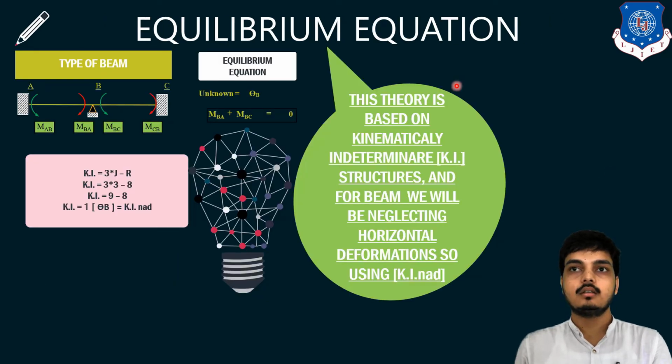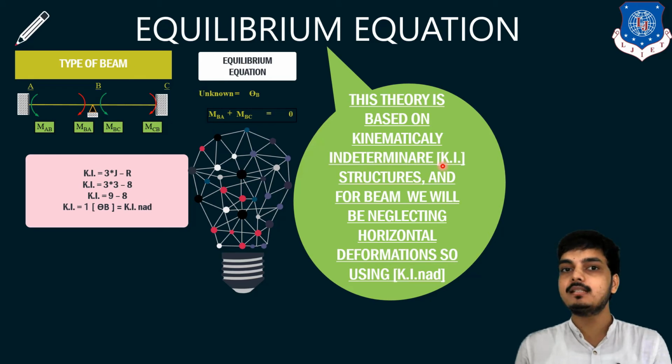Now, the next topic is the equilibrium equation. First, this theory is based on kinematically indeterminate structures. Ki, if you remember from previous sessions, is nothing but kinematical indeterminacy. Means if it is a fixed support, kinematic indeterminacy will be 0 because a fixed support resists everything: upward reaction, horizontal reaction as well as moment.